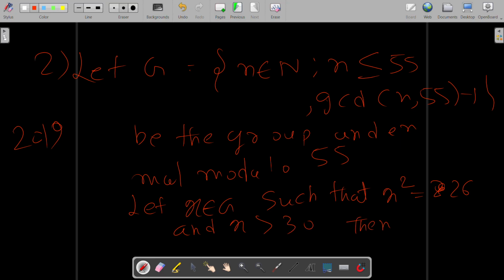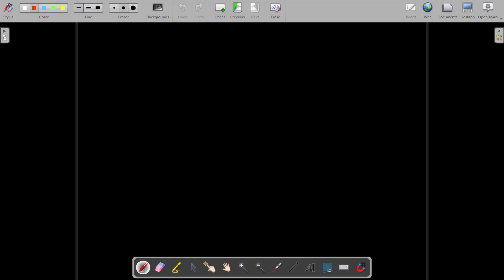Then x is equal to what? So you have to find x. The given options are A 31, B 30, C 45, D 46.